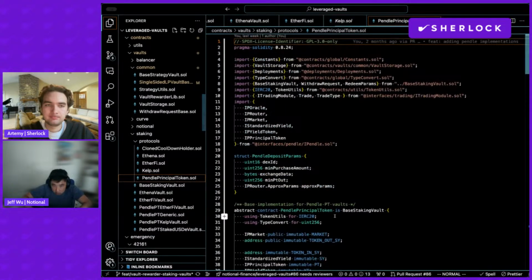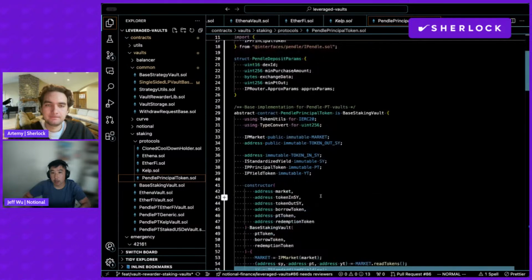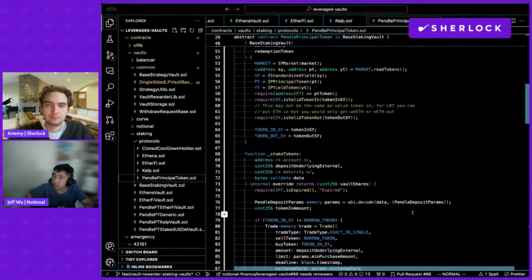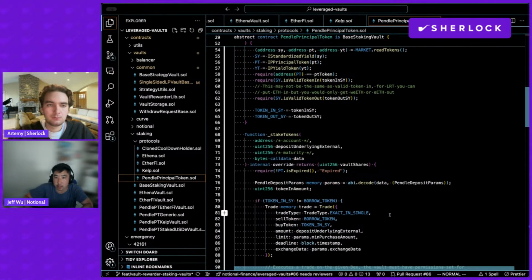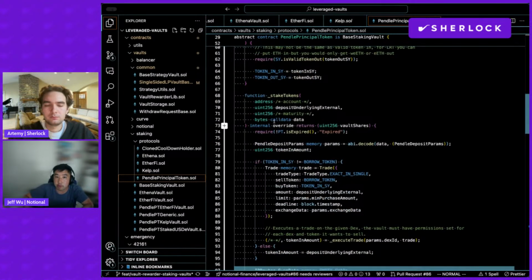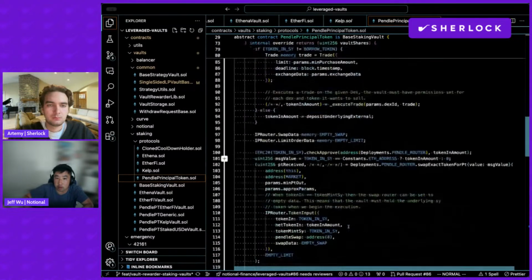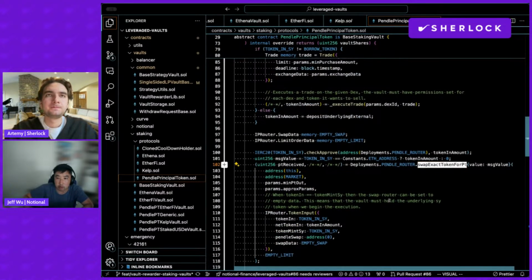So that's that, and then we can take a look at the Pendle contract as well. Pendle has some of its own special dynamics here. When we're staking tokens, we're going to the Pendle market and we're swapping for PT.